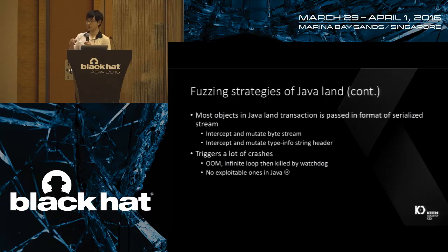For example, java.lang.String and java.lang.Float are passed in the format of a serialized stream. So for this part of fuzzing, I use an intercept-and-mutate strategy. I hook into a normal application, and I mutate the byte stream for each class, and mutate the type info string header in the Java data stream.